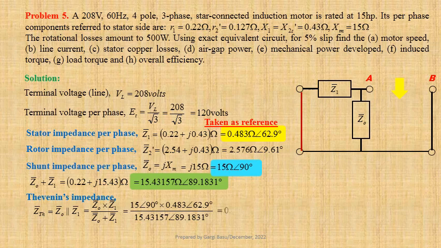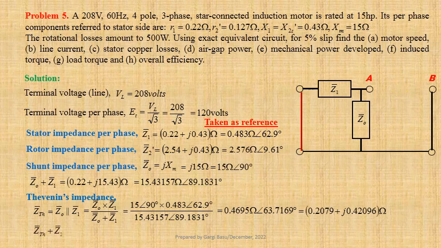That gives us 0.4695 ohm at an angle 63.7169 degree. This may be written in Cartesian form as 0.2079 plus j times 0.42096 ohm. Let us now calculate Zth plus Z2'.